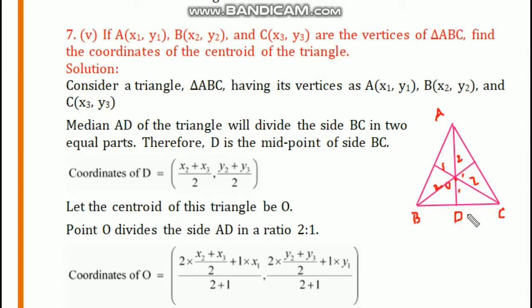Here I am going to find it from the vertex A to side BC. First we need to find the midpoint of BC. What is the midpoint of BC? It is ((x2 + x3)/2, (y2 + y3)/2). Already you know the midpoint formula.